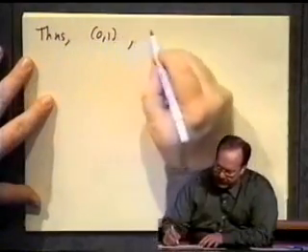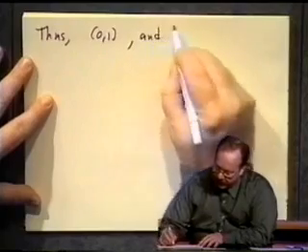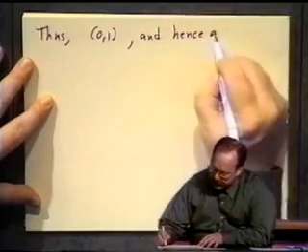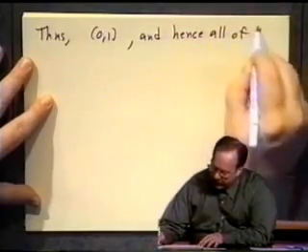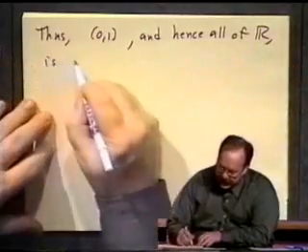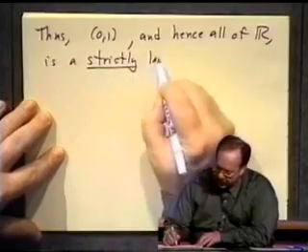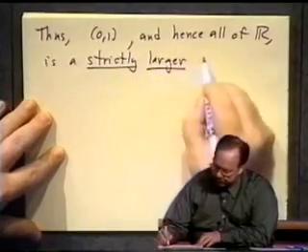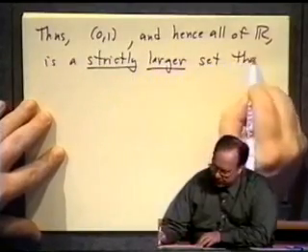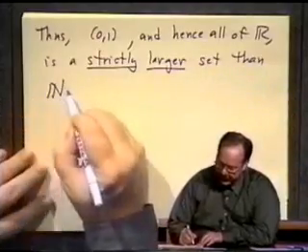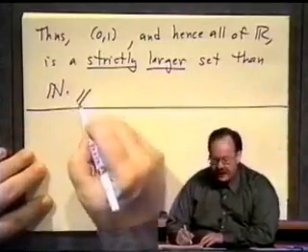The claim was that there was a correspondence, and thus 0, 1, and hence all of R is a strictly larger set than N, the natural numbers. And that's the end of the proof.